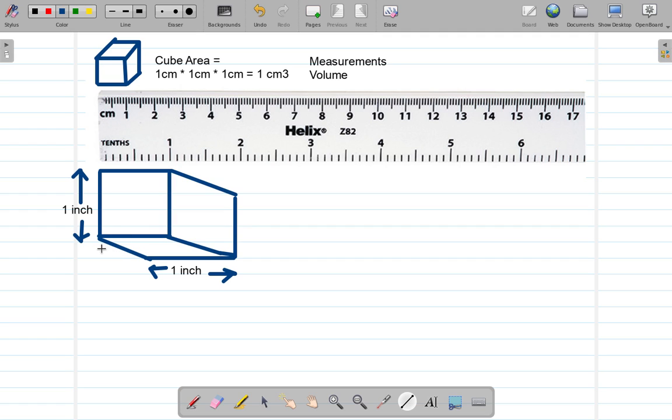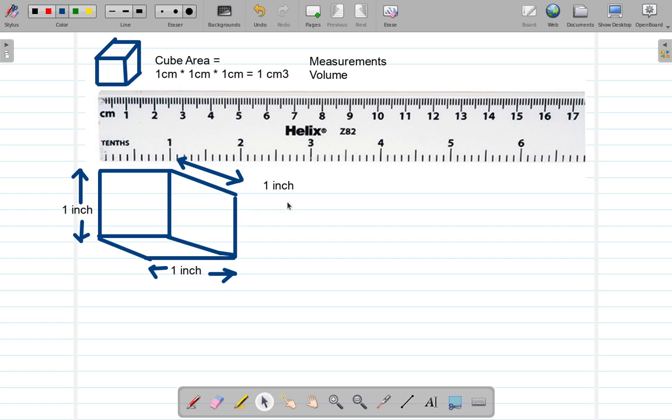So looking at the length, let's put it from here to here. This is the length of it, and this, of course, is also 1 inch. So the volume of this cube is 1 cubic inch. 1 times 1 times 1, 1 inch by 1 inch by 1 inch. Height times width times length. That's how you calculate the volume of a cube.